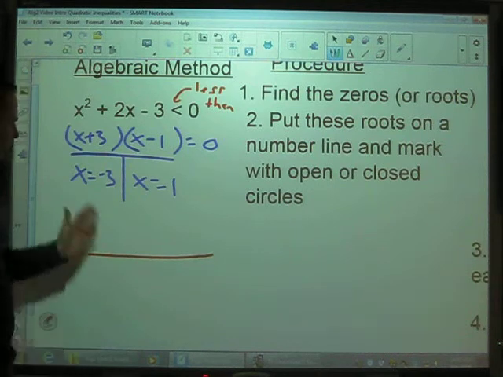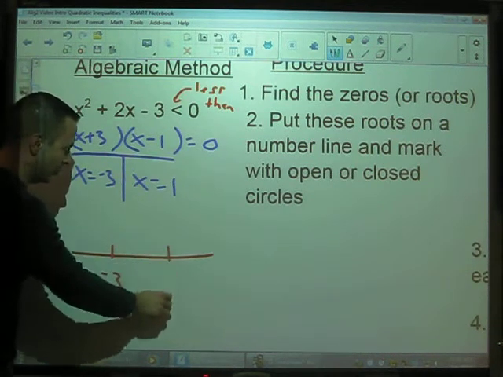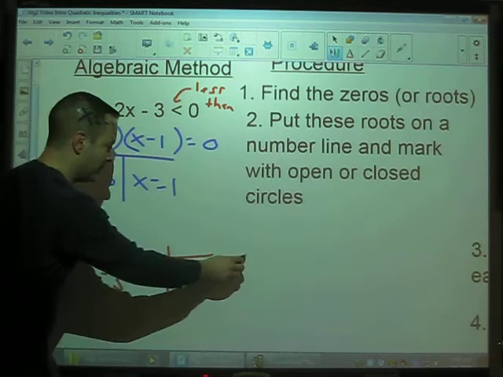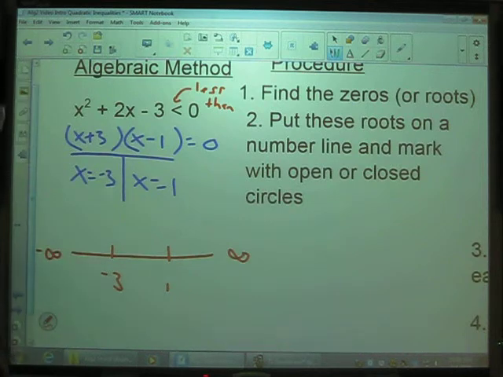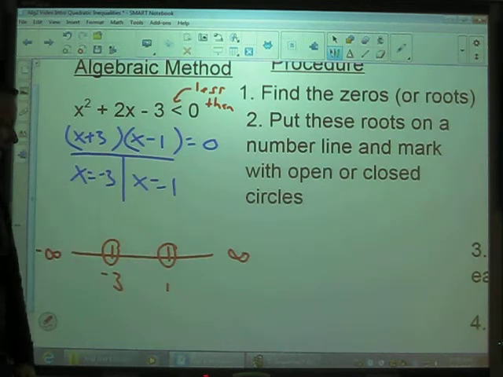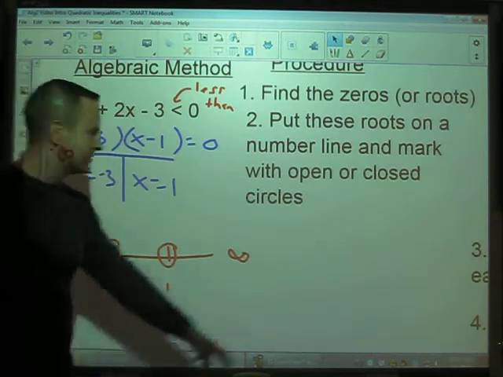So on the number line, we list these values from least to greatest, so -3 and 1, and I always like to put -infinity on the left and +infinity on the right. I'm going to use open circles since we're not equal to on the inequality. Now the most important step in the procedure is step 3.